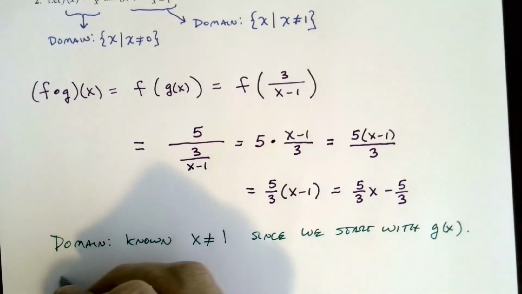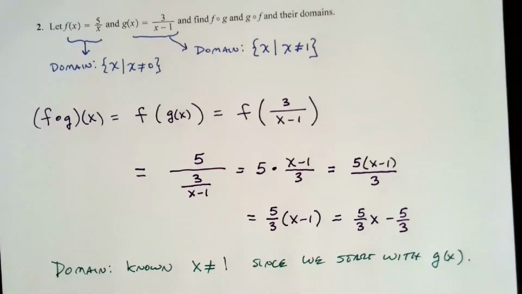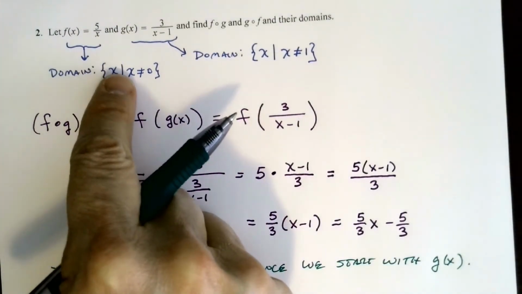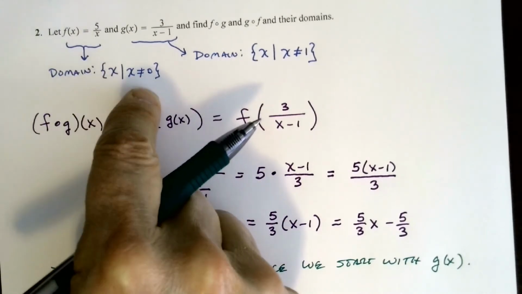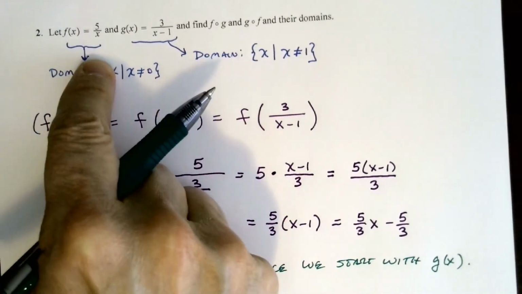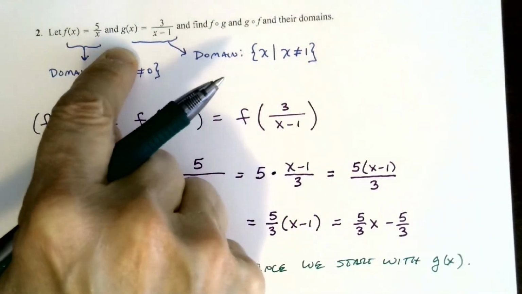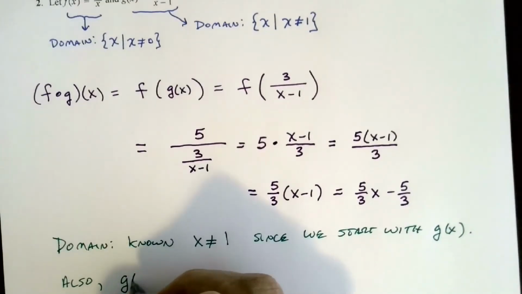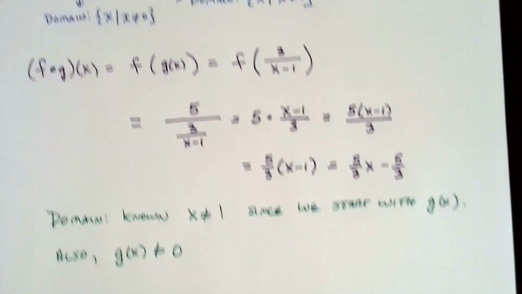Okay. But also, what has to be true? We're taking g of x and plugging it into the function f of x. Now this is where, so g of x, its output cannot be what? Cannot be 0. That's the domain of the function f of x. Since I'm plugging the output of g of x into the function f of x, right, then g of x, we know, cannot be 0.